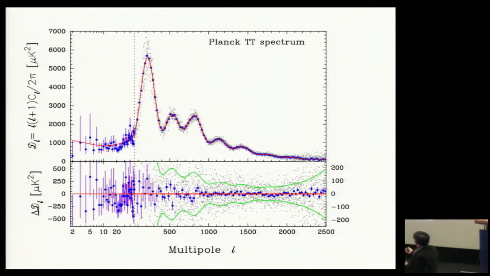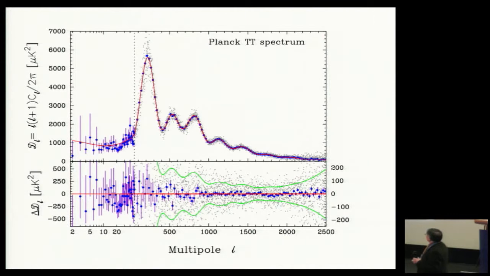There are error bars on these points, which you can't see any longer. The individual grey points here are the power spectrum multipole by multipole. So it's much more informative to look at plots of residuals with respect to the best fitting theoretical model, and then you can start to see interesting structure.